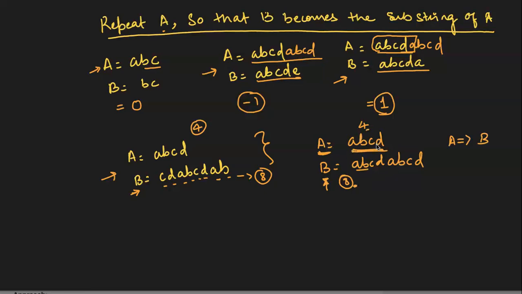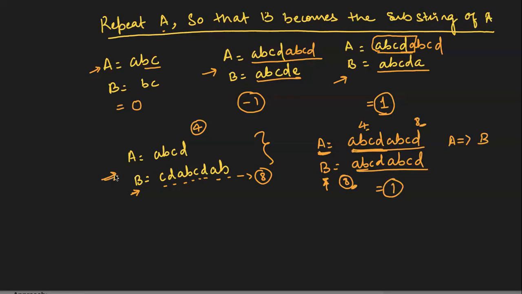So let's repeat one more time. So now this is ABCDABCD, right? Now both have 8 characters, and we can see now B is a substring of A. So here the output is 1. So the first requirement of making B a substring of A is that A has at least the number of characters in B.